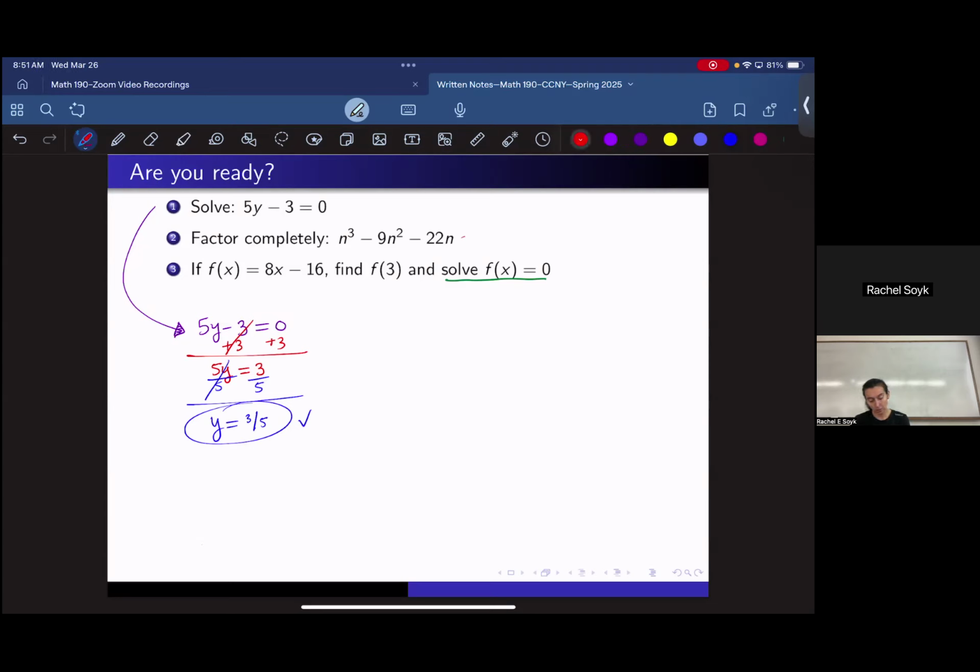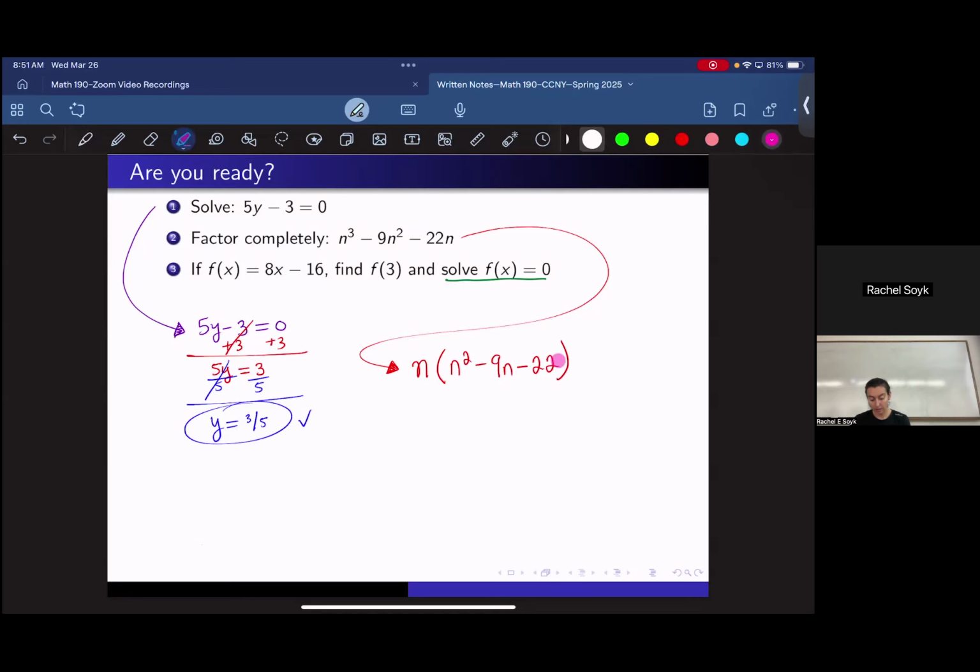Our second question is asking us to factor this completely. And anytime we're dealing with a factoring question, we want to utilize GCF. See if you can pull out a greatest common factor here. We can pull out n. And when we do, we're left with n squared minus 9n minus 22.